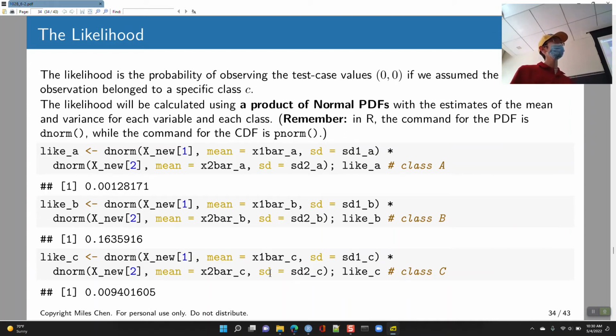Wait, no, more? How many variables? I think 12 summary variables. No, 24, because you have the mean and standard deviation, right? So you have 24 summary variables. Mean and standard deviation times 4 variables times 3 classes. So you have 24 summary variables to calculate.